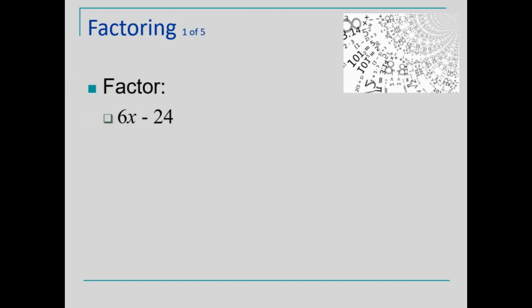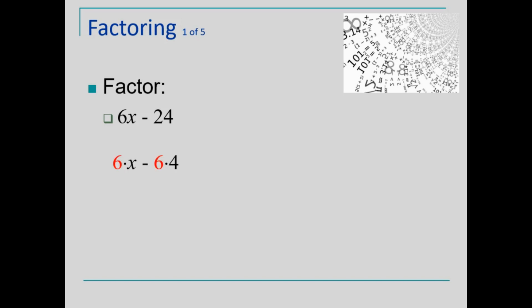Factoring to form an equivalent expression for 6x minus 24 will require us to write the factorization of both terms. Since both factorizations include the factor of 6, this is the largest common factor.